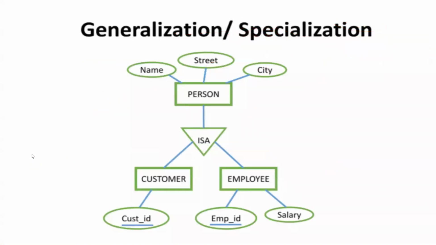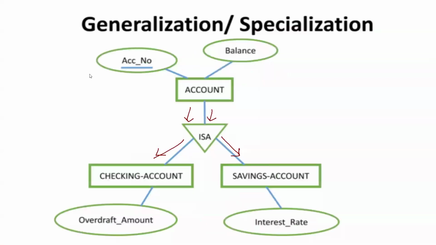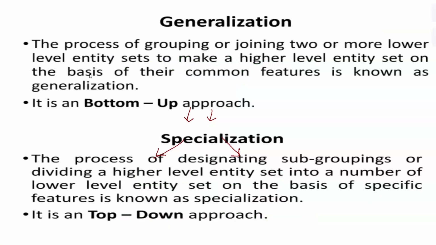So let's take this example of a person "is a" relationship. Let's first see the top-down approach. Person is a customer. Person is an employee. Is this generalization or specialization? Top-down approach is specialization.